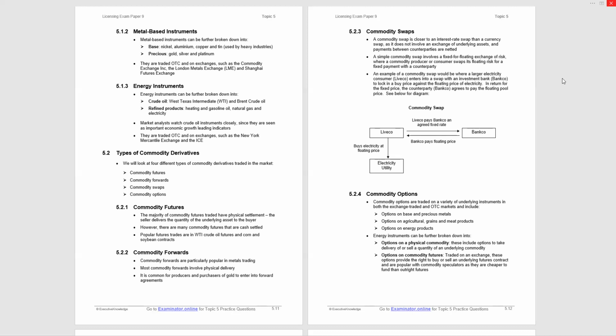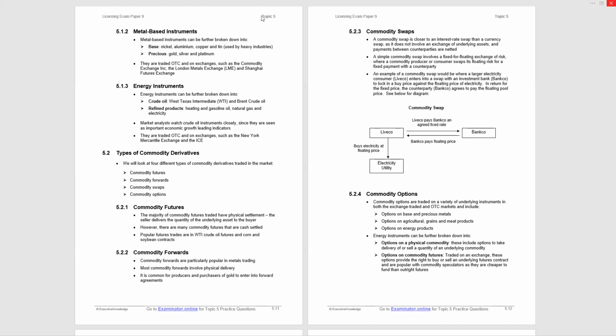So it's a fixed for floating swap. So that LiveCo receives the floating price and uses that receipt to pay the floating price to the electric utility. And so irrespective of the electricity price, BankCo will compensate LiveCo for the price they pay. And that leaves LiveCo paying a fixed rate to BankCo.